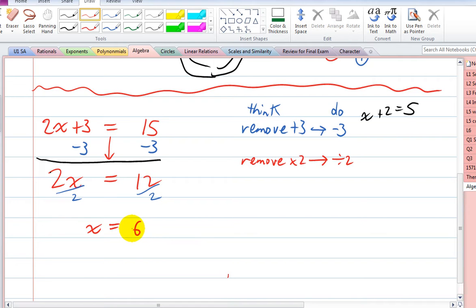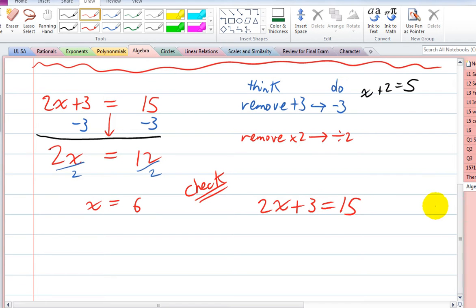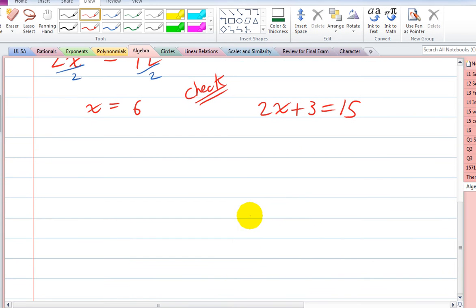x equals 6. Now in your homework, you're going to do something called a check. That's going to be the instruction. You start by writing your original equation, 2x plus 3 equals 15. As soon as you write that down, you put down the Great Wall of Check. You can't cross the equal sign.